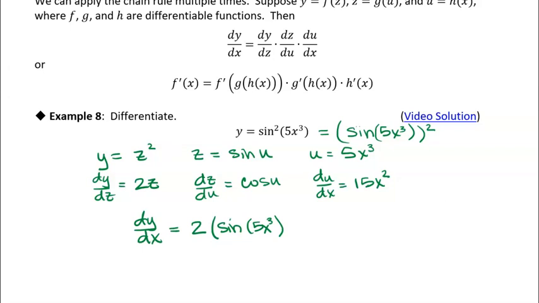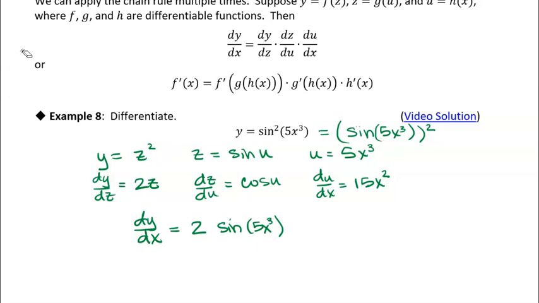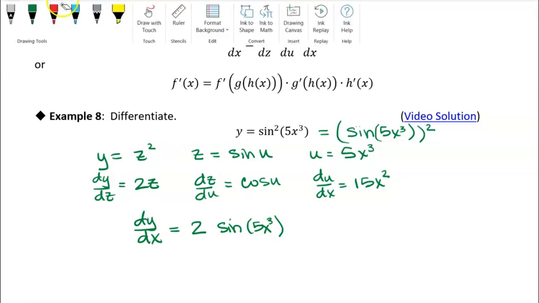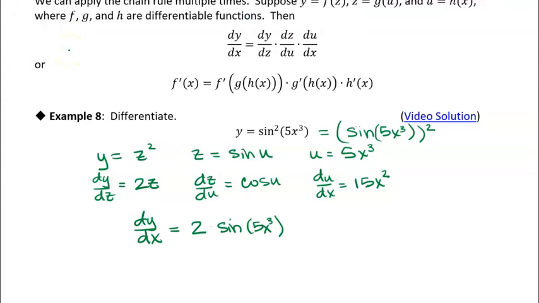I don't really need this parenthesis here, I can just write 2 times the sine of 5x cubed, and then I'm going to multiply that by dz/du, which is the cosine of u, but u is 5x cubed, and then I'm going to multiply by du/dx, which is 15x squared.